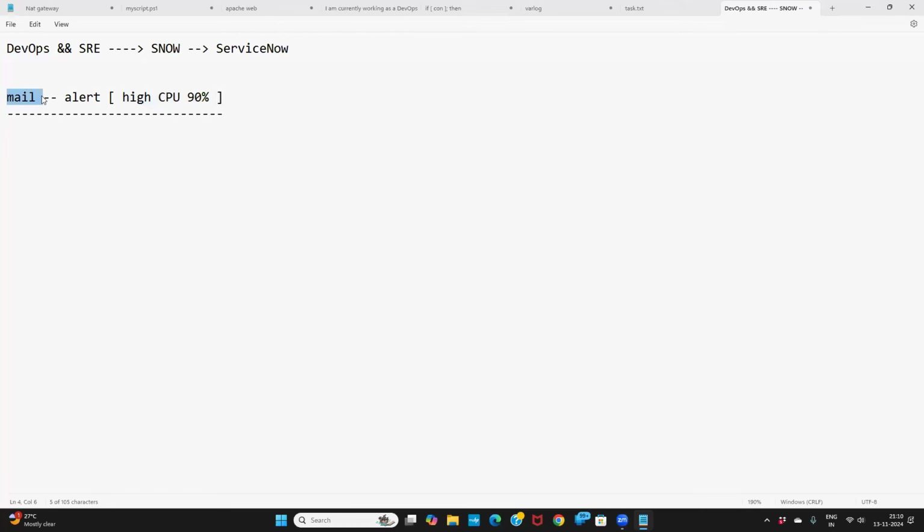Let us say we identified that this is a Linux based issue. Our application is installed on Linux based servers or Windows based servers, right? Either Windows or Linux based servers, you have installed your application.